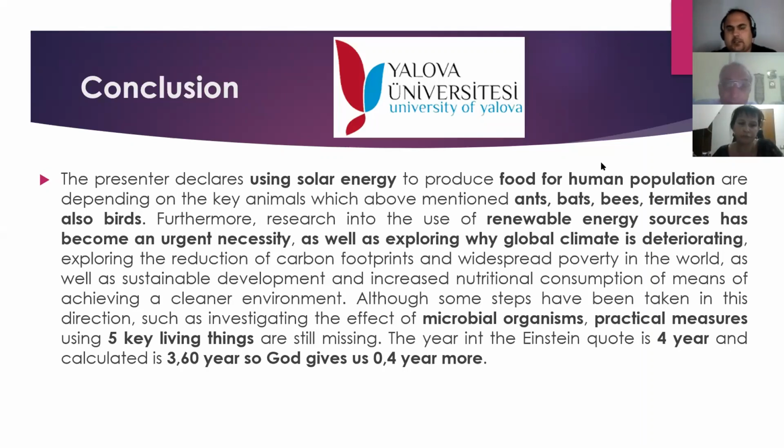After calculation and confirmation of the energy in the Einstein equation, as I mentioned in the first slide, I can conclude that the nutrients in the world for the human population mainly depend on ants, bats, bees, termites, and also birds.